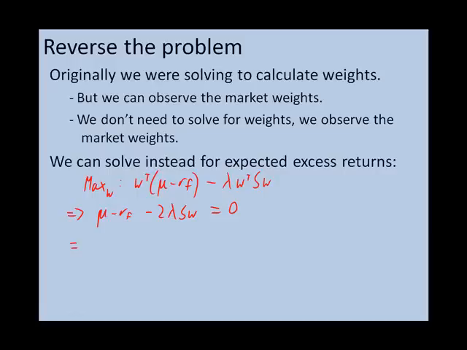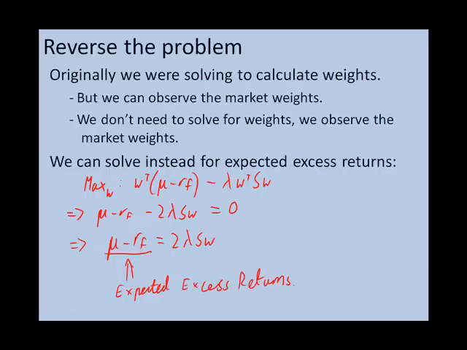We can rewrite this to find an expression for expected returns. So we get mu minus RF is equal to 2 lambda times by S times by W. We have an expression for expected excess returns for every stock.